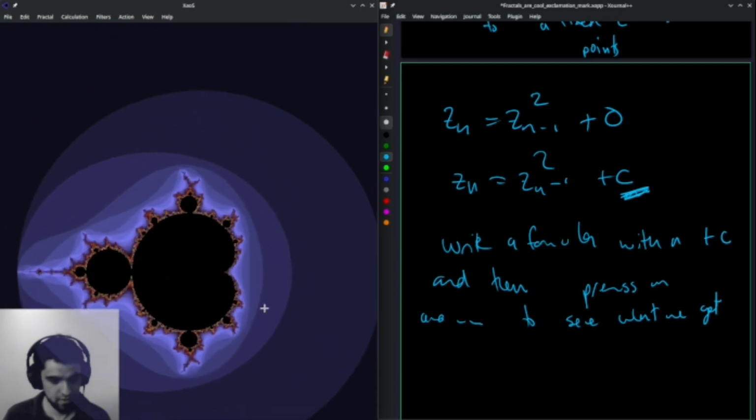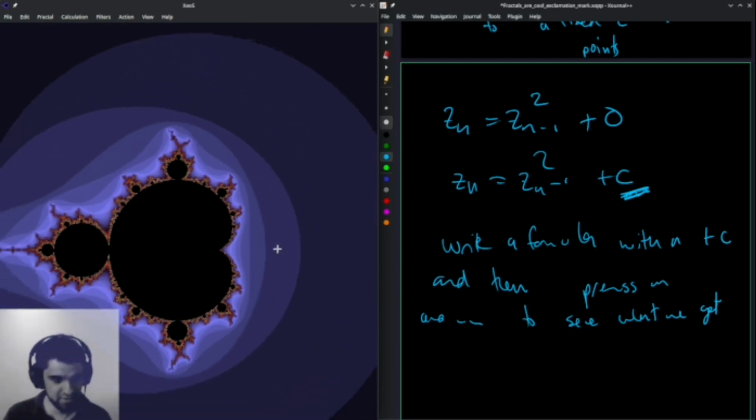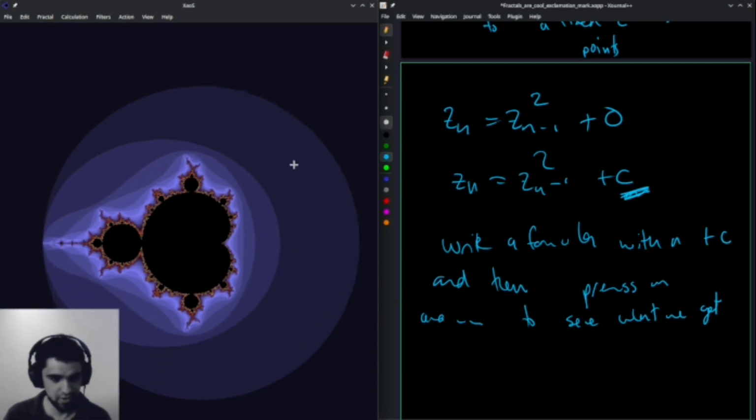Okay. But this Mandelbrot set is very cool and all, but we want to create our own fractals. So how do we do that? Just go to fractal, use our formula, and we create our own formulas.